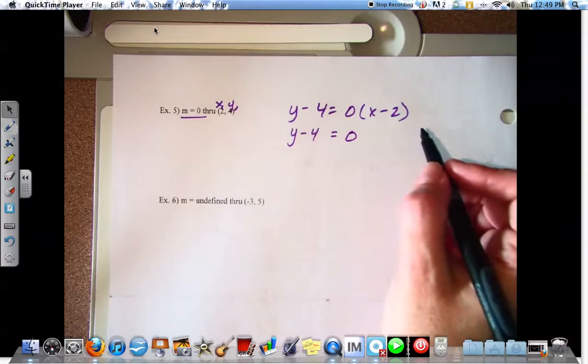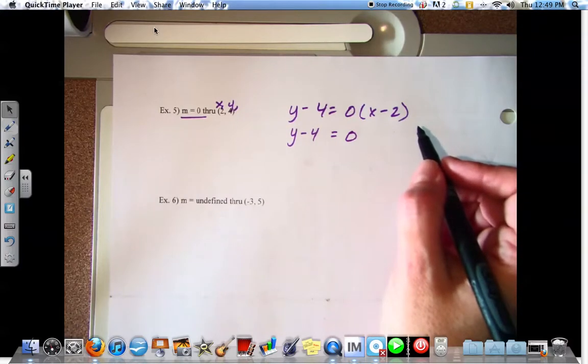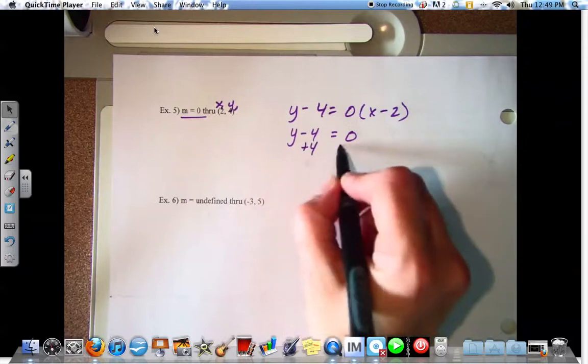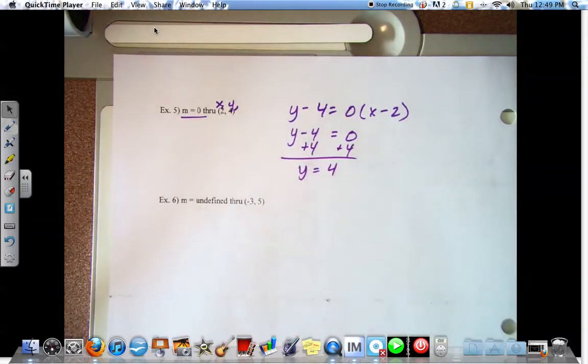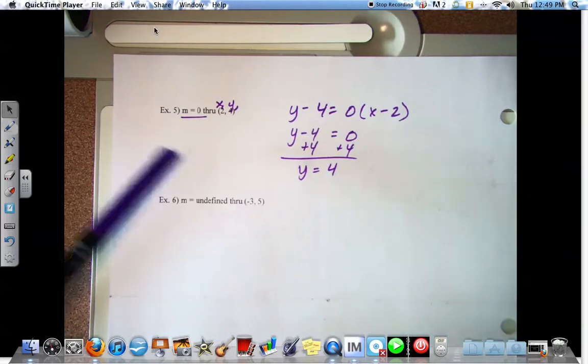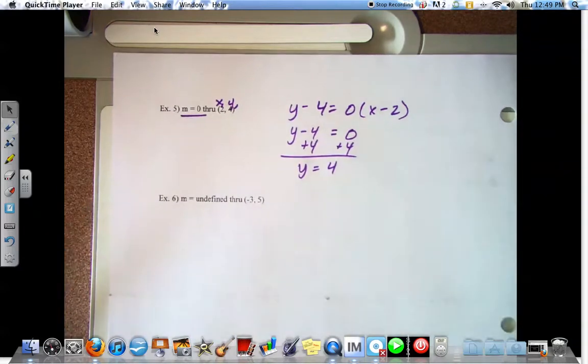So it's 0. So you would just add 4 to both sides and it would just be y equals 4. Does that make sense? We were told, what about our slope? It was 0. So does it make sense that when our slope is 0, we have an equation that looks like that? Okay.